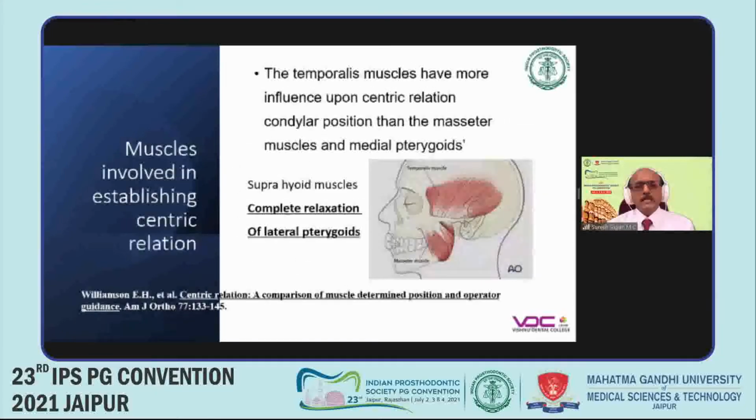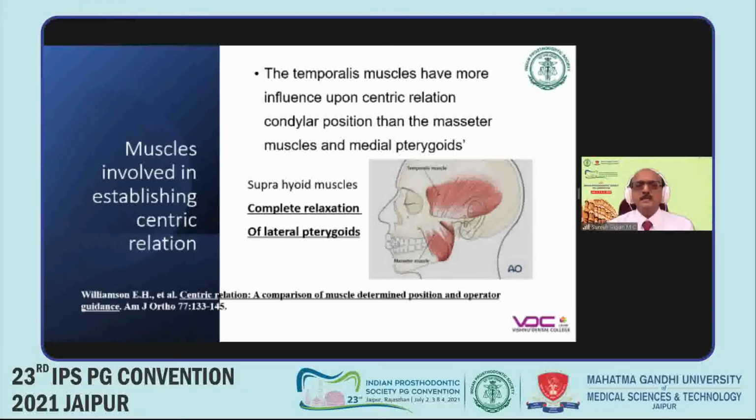Well, now which muscles are involved in centric relation recording? Because it's an unstrained position, right? So most of the elevator muscles, we always think about the temporalis muscles, and especially the posterior fibers of the temporalis, which are nearly horizontal. They are the ones mainly acting to pull the mandible back to its position, along with other areas.